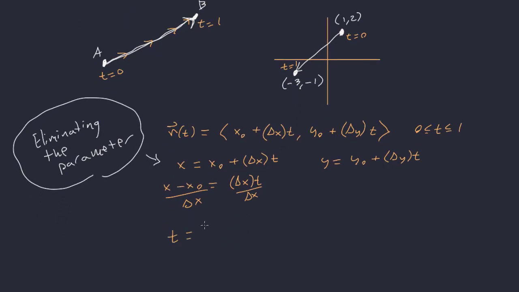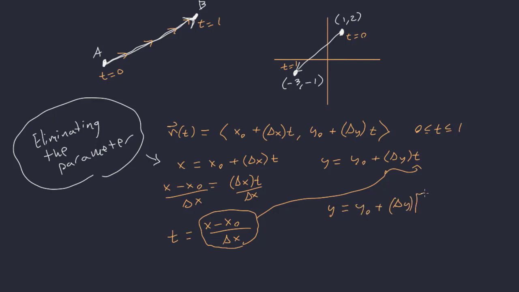We have that t is equal to x minus x naught all over delta x, and this t we can plug into here and there, and get a formula that's just in terms of x and y. So we can get this down to be y is equal to y naught plus delta y times x minus x naught all over delta x.